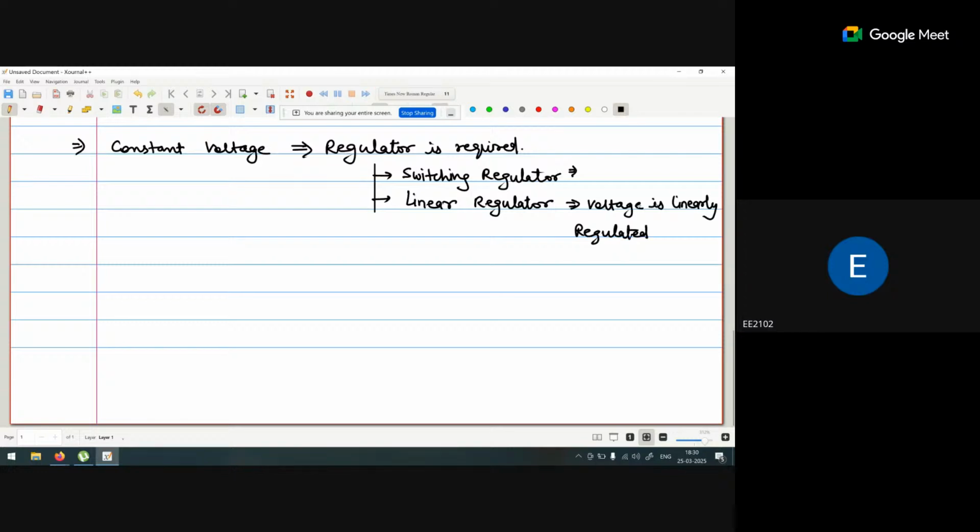In the switching regulator, the voltage is regulated till the subsystem is in use. So if we are asking what is the difference between the linear regulator and the switching regulator, and which one is right, for example, I am talking about the linear regulator.